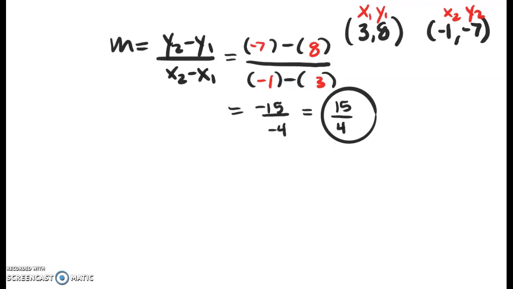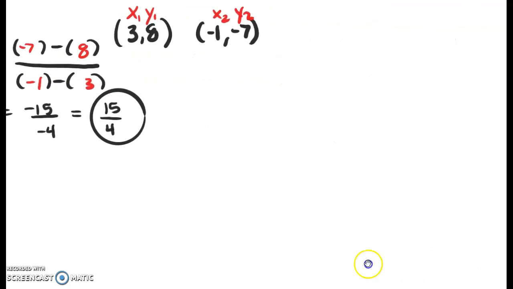We also need to be able to write an equation.